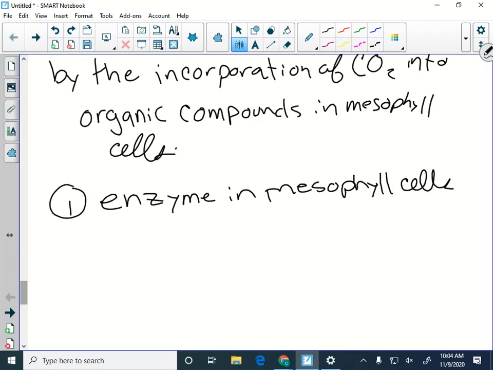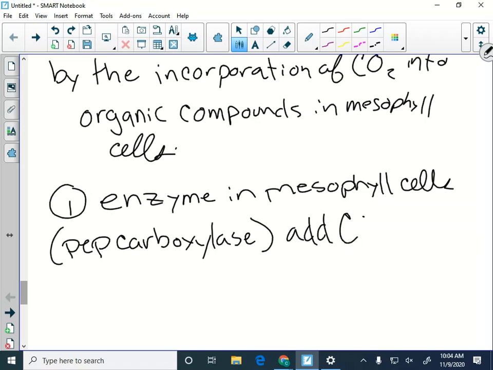So the enzyme in the mesophyll cells is called PEP carboxylase. It will add CO2 to something called PEP. And that will give us oxaloacetate.